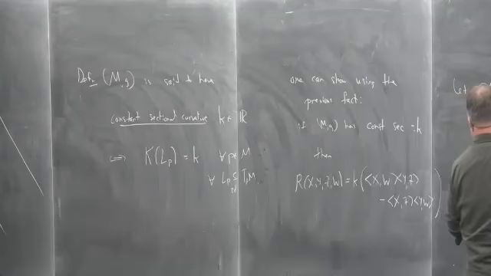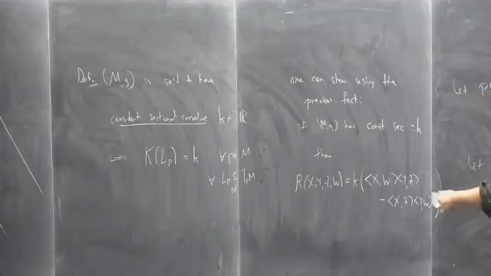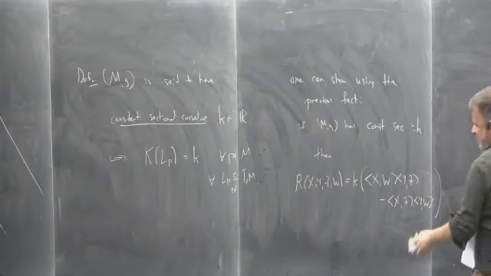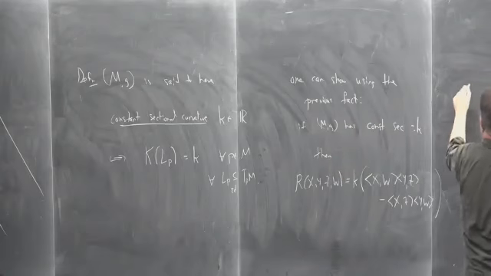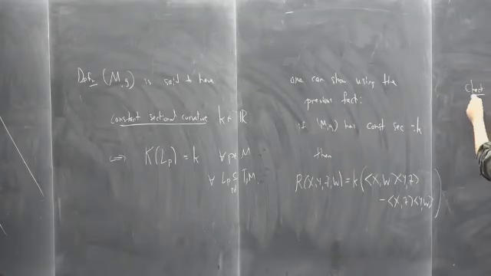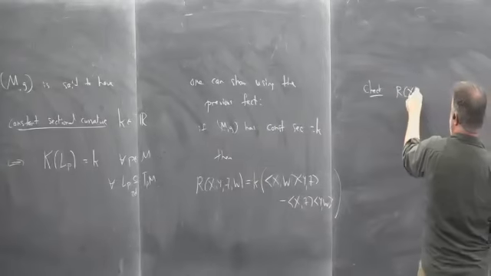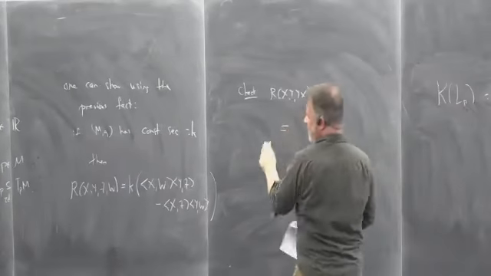Okay, so again, in do Carmo, he uses the opposite sign convention for the Riemann curvature tensor. So you would have the negative of this. And let's just check what happens if I put R(X, Y, Y, X) in here.